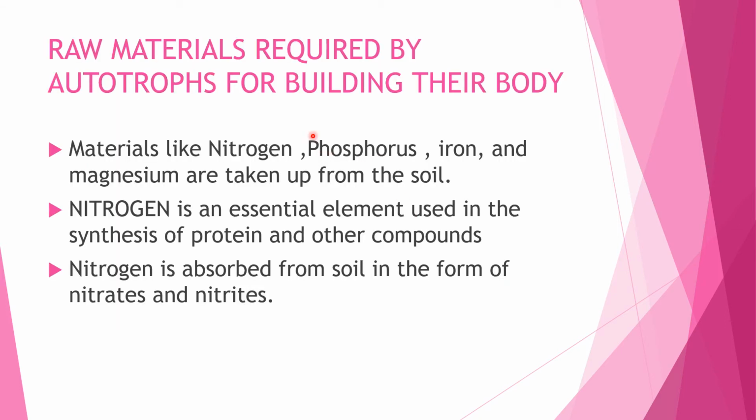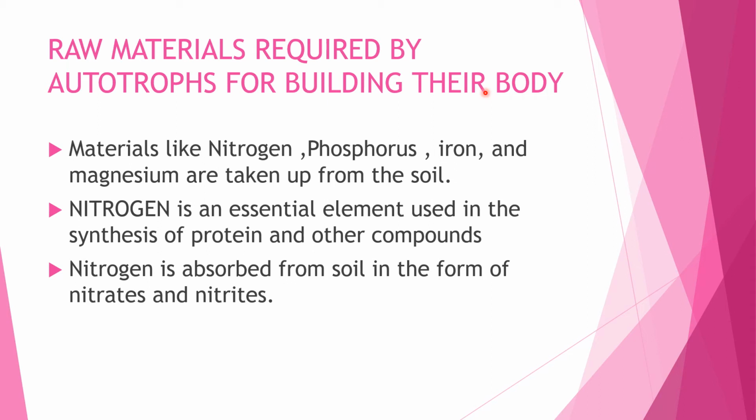Next is the raw material required by the autotrophs for building their bodies. In plant nutrition, we discussed that the plant requires four raw materials, that is CO2, water, chlorophyll and sunlight, to carry out photosynthesis. Does the plant require some other material?